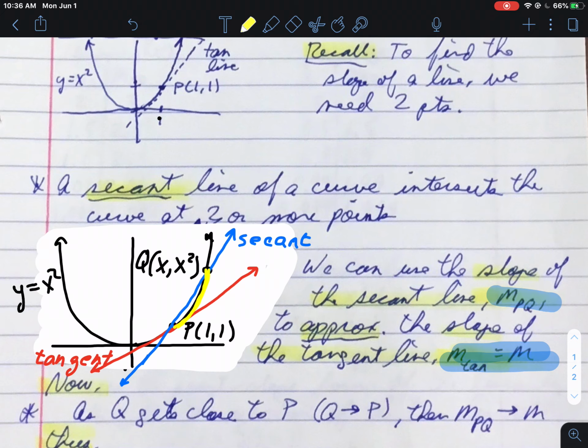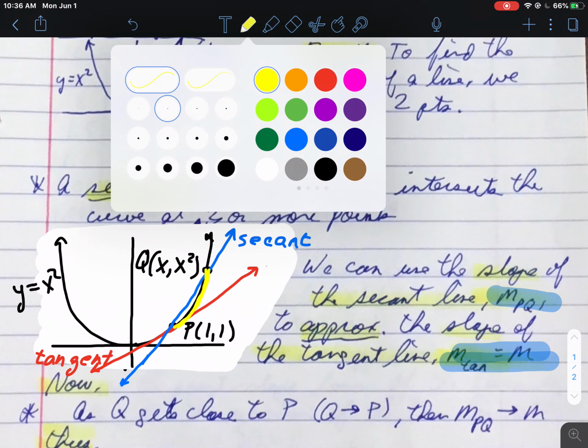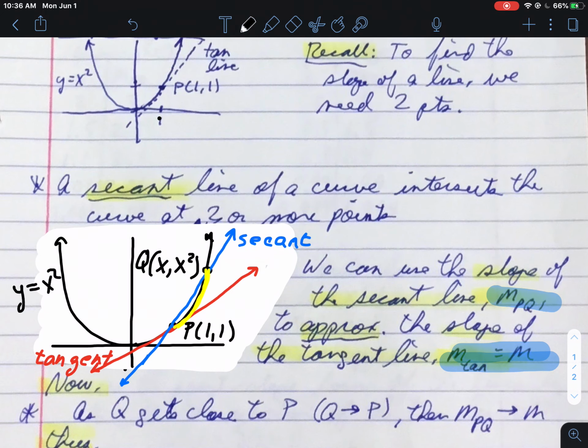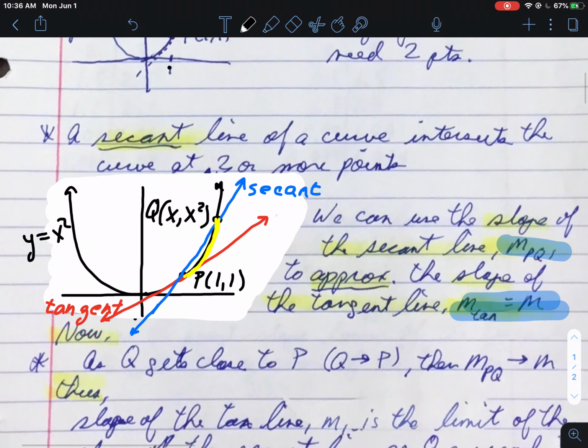Then that gives me an idea of what the slope of the tangent line at that point P would be. That's the basic idea. Now, if you want some prettier pictures, you can always look in the textbook, or your e-text. Y'all have textbooks, so y'all can use your textbook. And if you want nicer, prettier pictures than what I have drawn here, then you can look in your textbook and see those a lot more clearly.